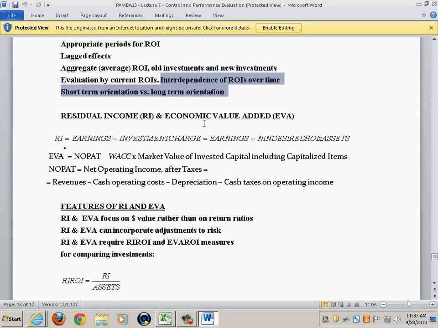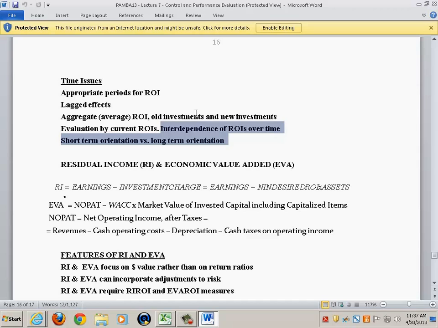So the return on investment is a ratio measure. It's a ratio of profits to assets. We have two other prevalent measures that instead of being ratio measures are difference measures.